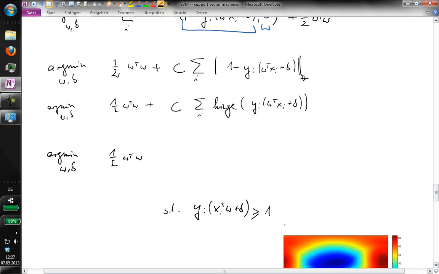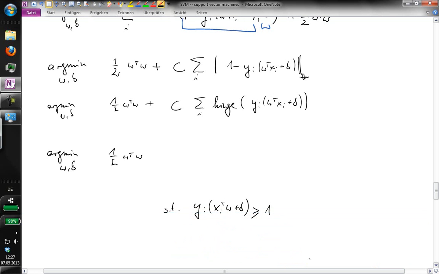However, I now want to relax this a little bit to avoid overfitting, or in non-linearly separable problems this would not have a solution at all. So I'm adding a so-called slack variable here. This is a slack variable, which is non-negative. This is for all i.